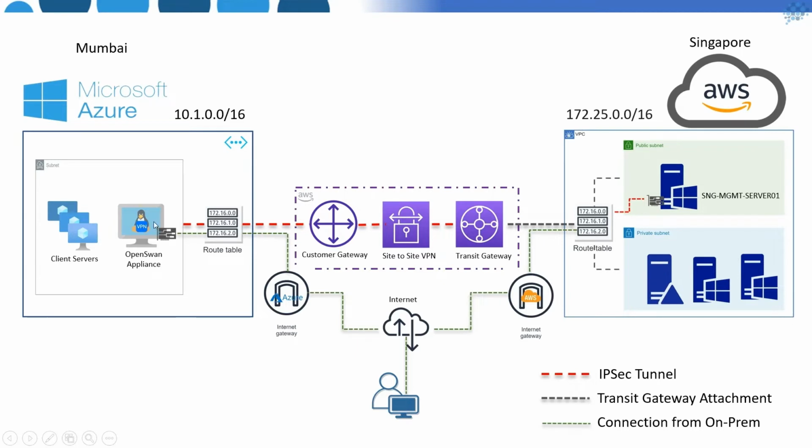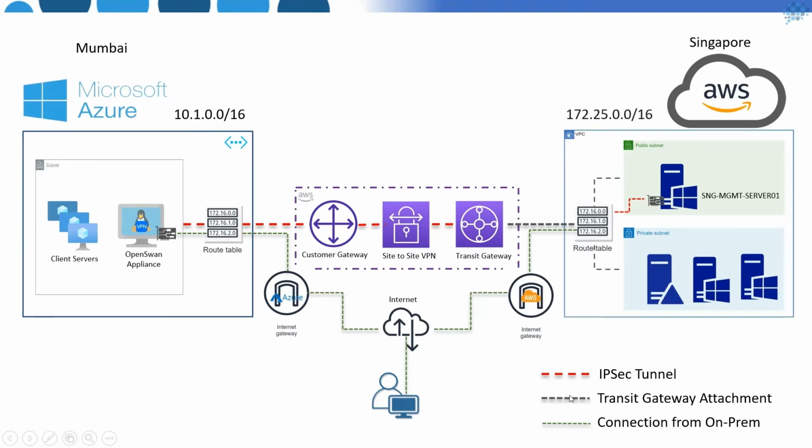Once we start the IPSec tunnel configuration and the service, the tunnel will be created based on the configuration from the OpenSwan appliance to the site-to-site VPN gateway over the customer gateway. The line marked in red is your IPSec tunnel.